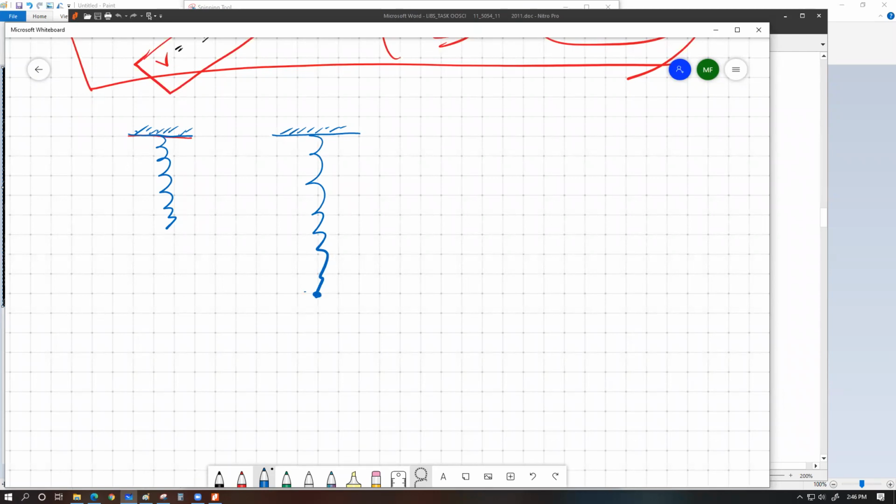Let's say this is a particle of mass m, and let's say this much extension is e. The weight of the particle is working downwards, mg, and the spring pull is ke, and this is the current equilibrium.